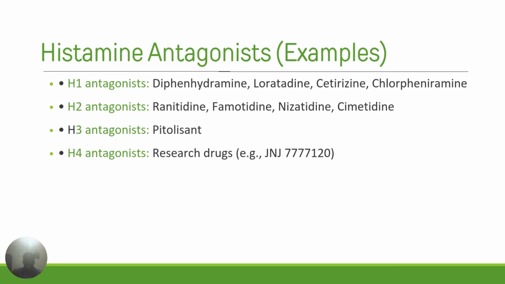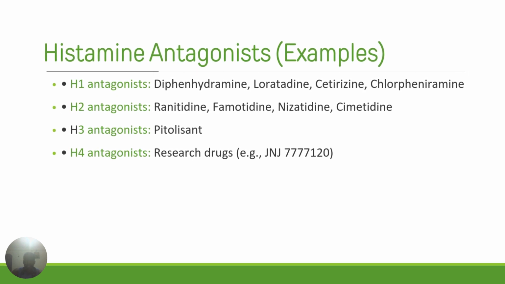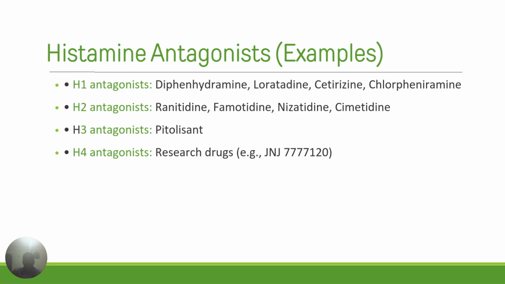So antagonists for H1 receptors, we have diphenhydramine, we have loratadine, we have cetirizine, and we have also chlorpheniramine. So for H2, we have ranitidine, we have famotidine, we have nizatidine, and also cimetidine. So those are the antagonists for H1 and H2.